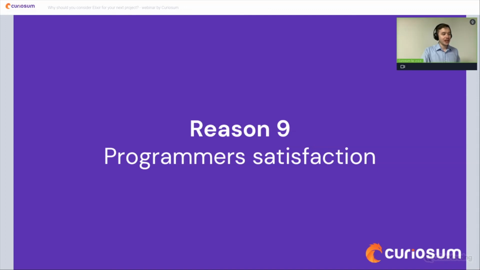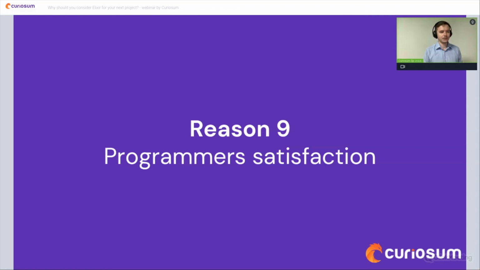But what stands out in the community is that the programmers are much more satisfied than when working with other programming languages. As I said, Elixir is the second most loved programming language. And what you will hear repeatedly is that programmers who do use Elixir have a high satisfaction from using this technology in their daily work.